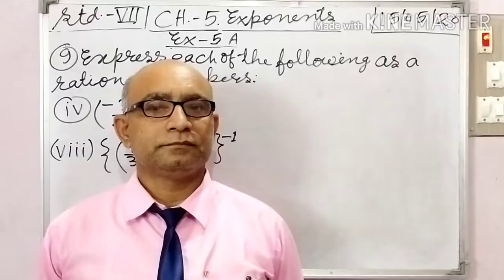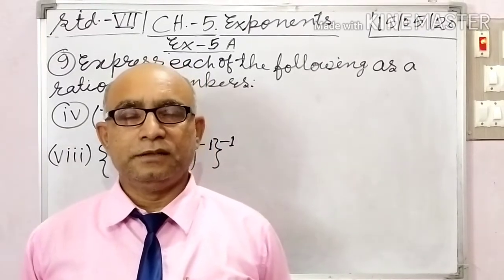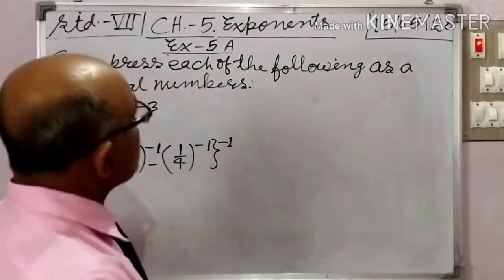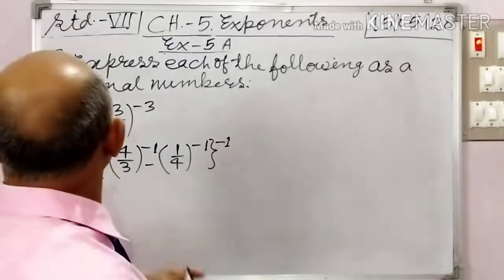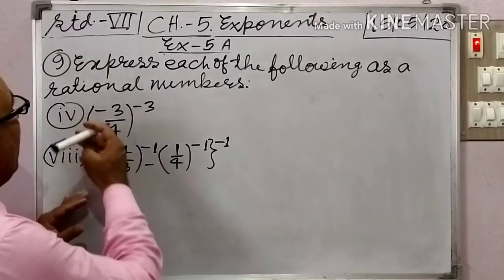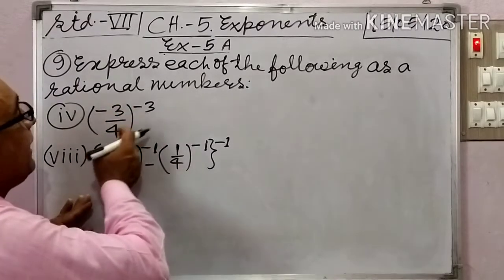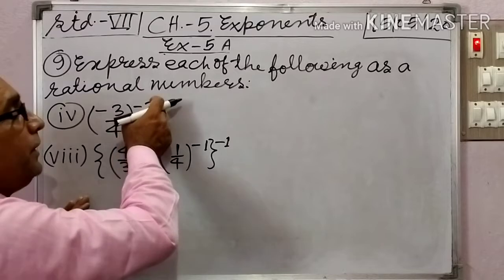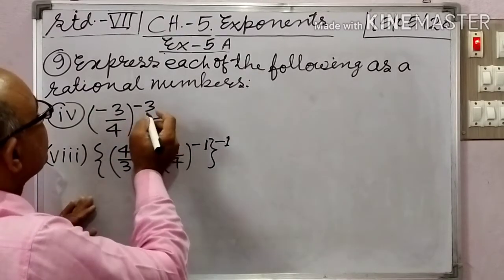Answer, write this. Students, next question, question number 9 of exercise 5A. Express each of the following as a rational number. Question number 4, minus 3 by 4 to the power minus 3. A by b to the power minus m equal to b by a to the power m.